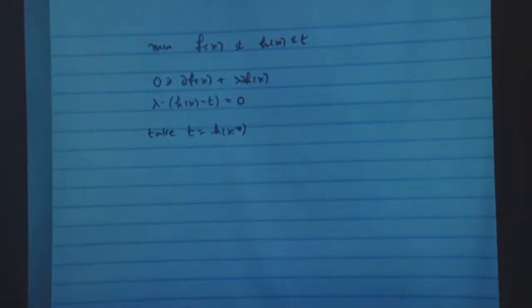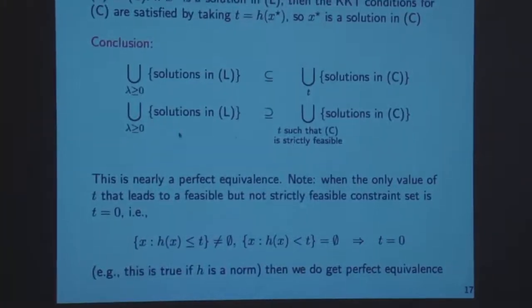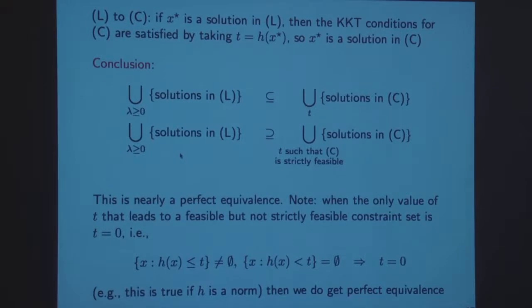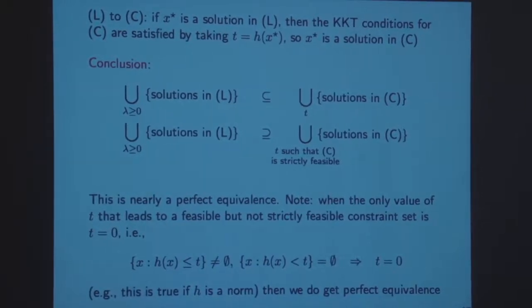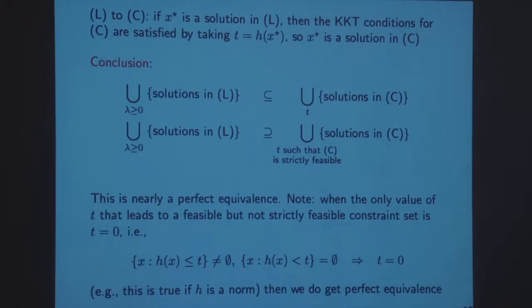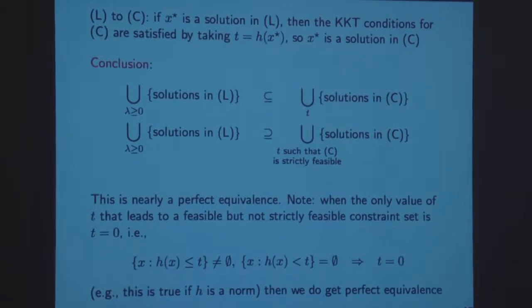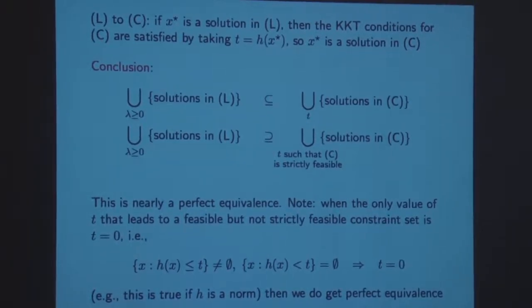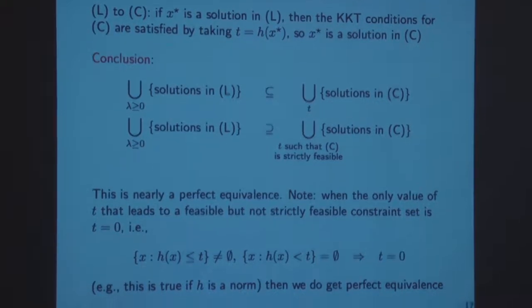On the other hand, we said that solutions of the constrained problem are always solutions of the Lagrange problem as long as the constrained problem was strictly feasible, because we needed that for strong duality to hold. So we get a nearly perfect equivalence. The only minor non-equivalence is at the boundary of the parameter t, at a value of t for which the problem isn't strictly feasible.